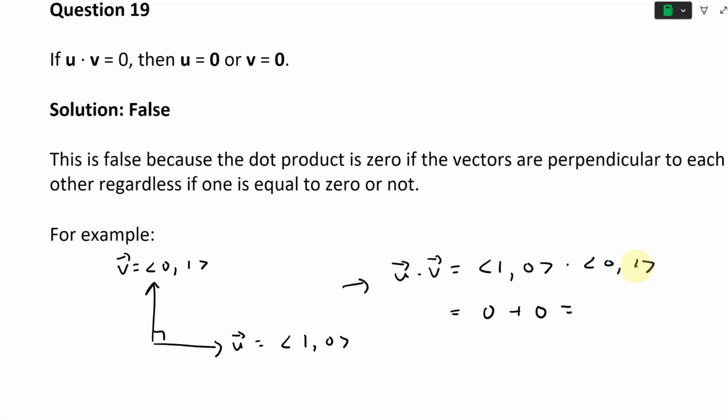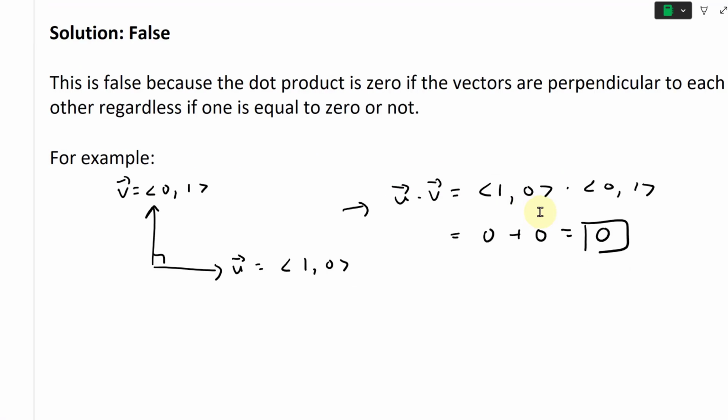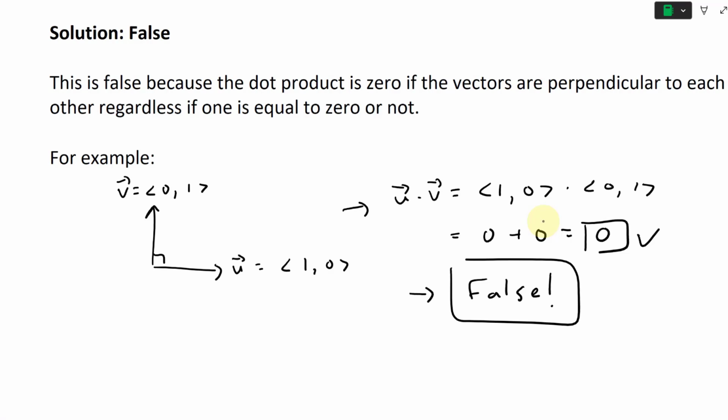So we just get 0, and none of these are the 0 vector. So u and v aren't 0 vectors, so this statement is false. Put that in there.